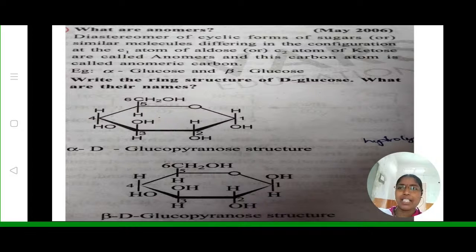Again I repeat, the definition of anomers: diastereomers of cyclic forms of sugars are similar molecules but different in their configuration at the C1 atom of the aldose or the C2 atom of the ketose, and they are called anomers.